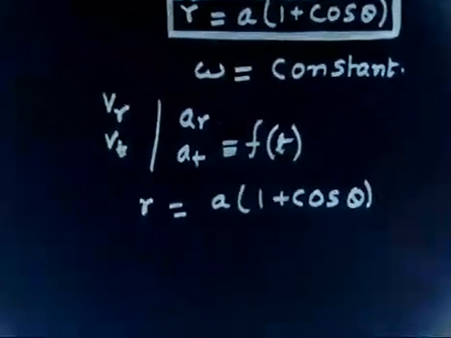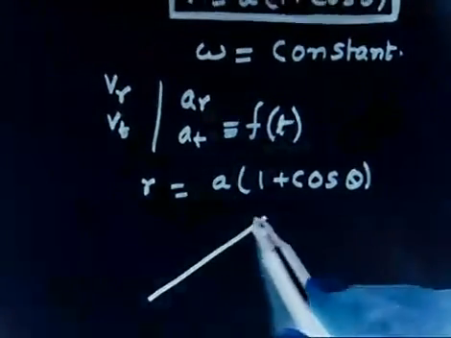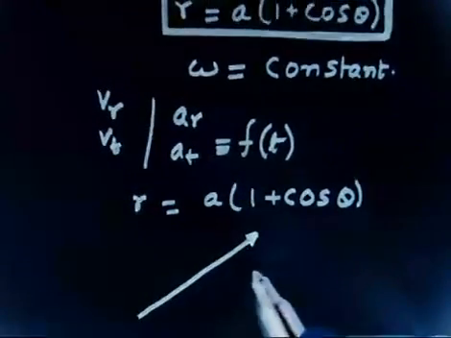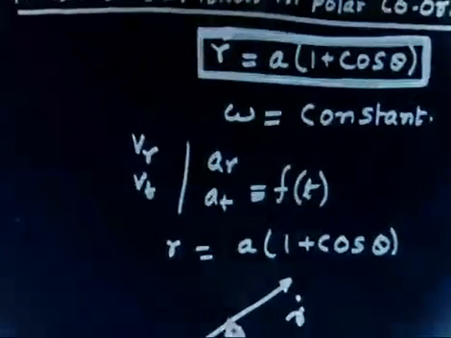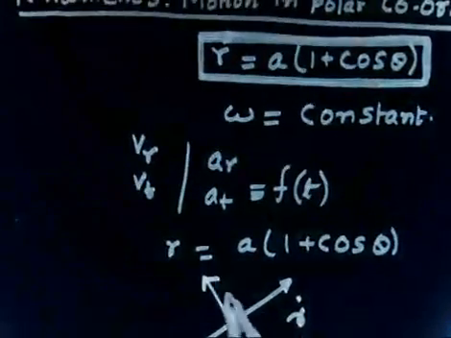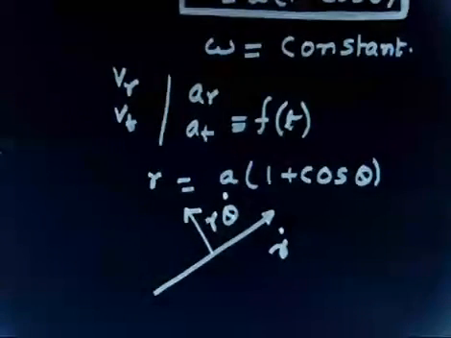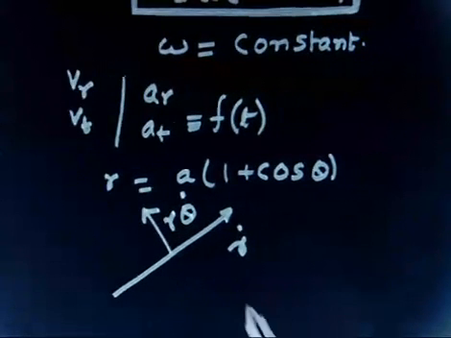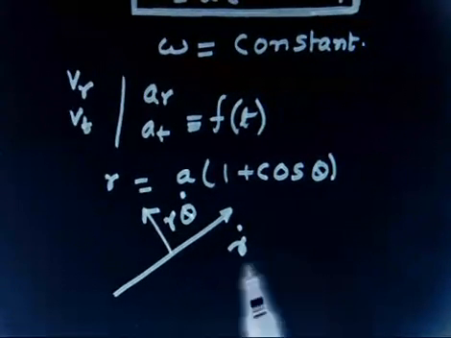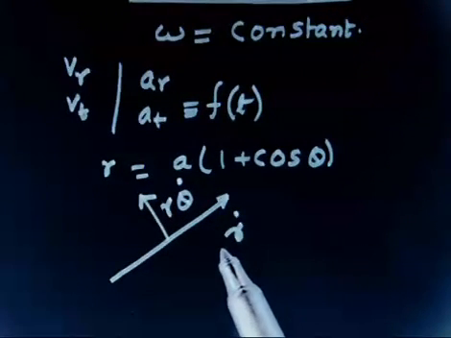If you remember, in the class we have already derived that the radial component of velocity is given by r dot, and the tangential component of velocity is given by r theta dot. That is, the radial component is dr by dt, and this is r d theta by dt. Are you getting or not?